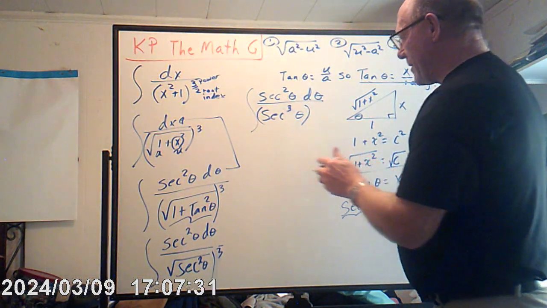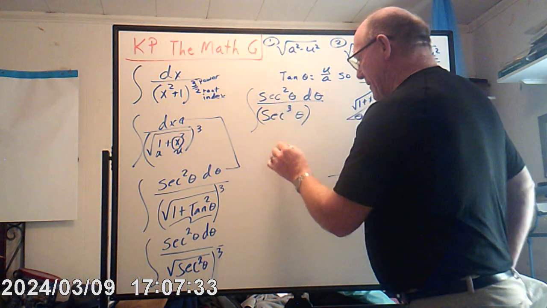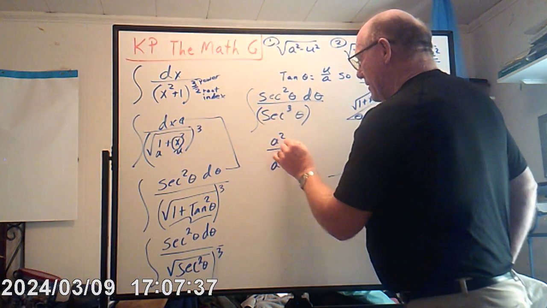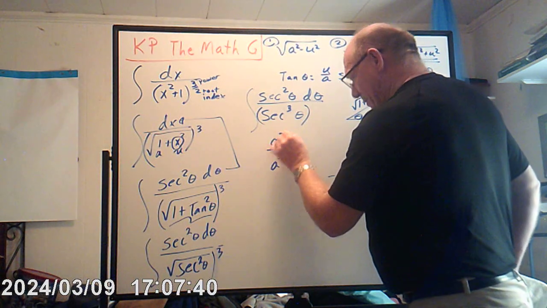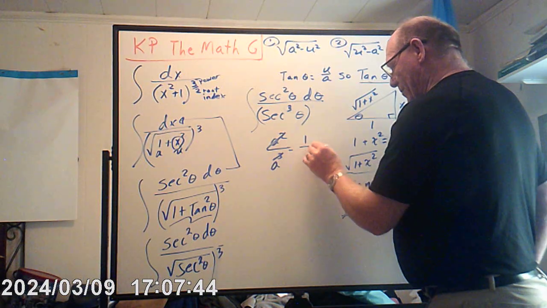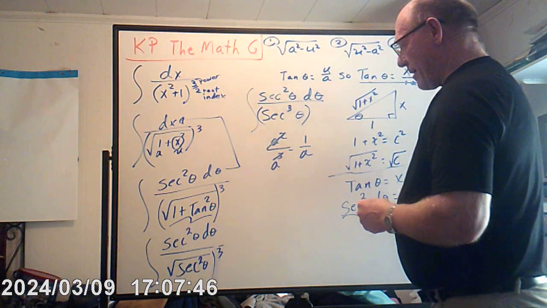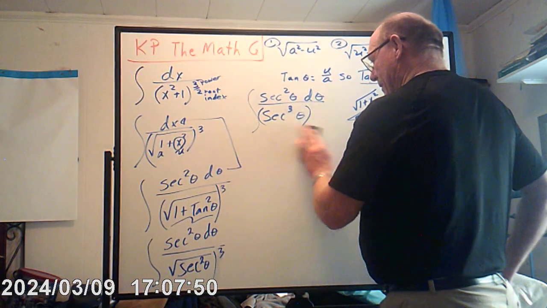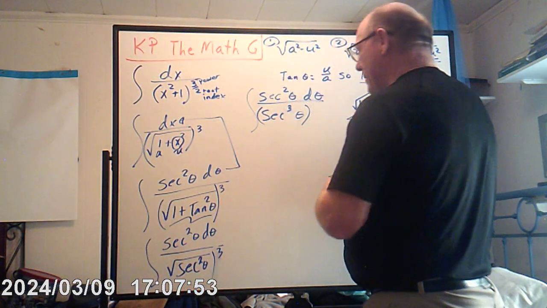So let's see. There's 3 of these. It's like a cubed, a squared. We know that 2 of these are gone and 2 of these are gone, so this is actually 1 over a, isn't it? So we're integrating.